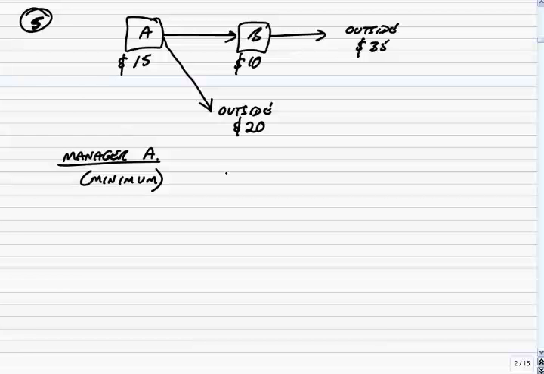Well, I hope you came up with an answer, and see if you got the right answer. The minimum price, the transfer price, must be at least 15. Now, some people say 20, but see, why not? You see, we cannot sell outside and get 20 at a cost of 15. And so fine, do.